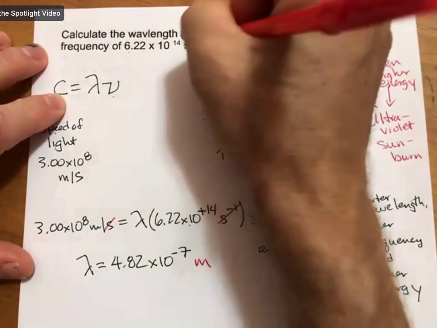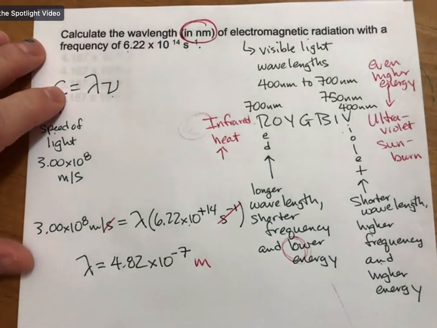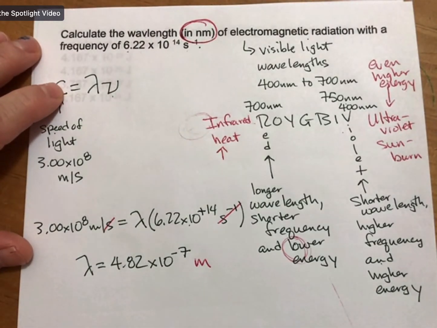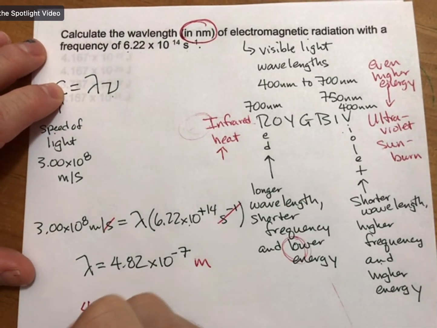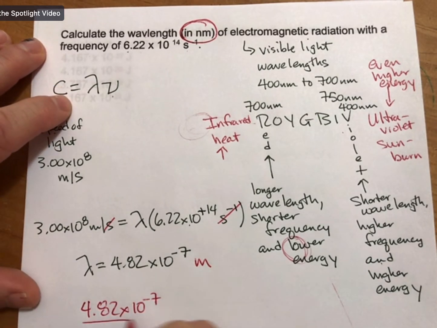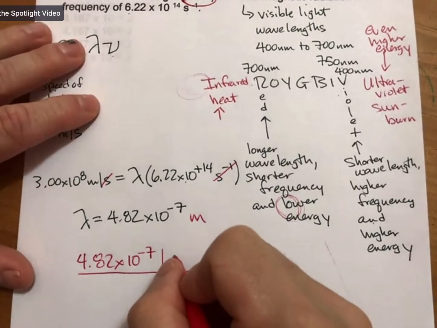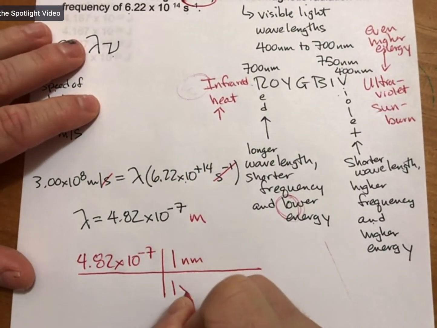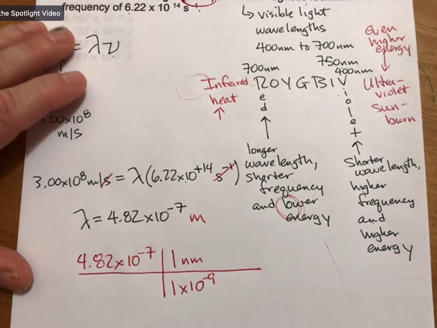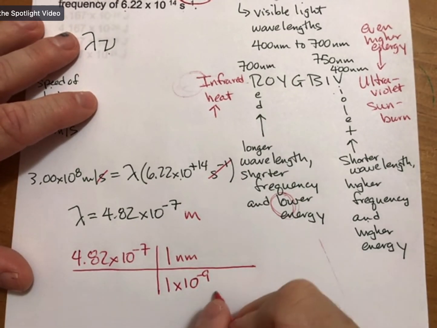However, I've been asked to post my answer in terms of nanometers. And to turn it into nanometers, we have to realize that 1 nanometer is 1 times 10 to the minus 9 meters.